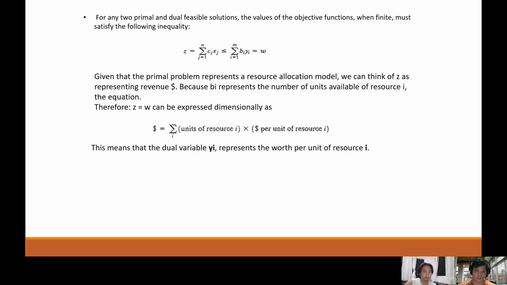The equation for w can therefore be expressed dimensionally as dollars equals the summation of units of resource i times dollars per unit of resource i. This means that the dual variable yi represents the worth per unit of resource i.